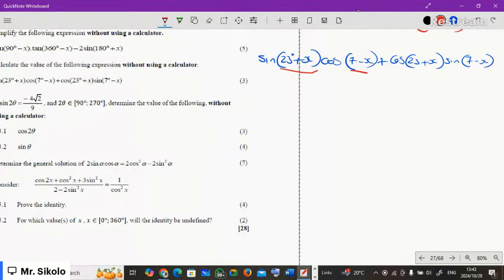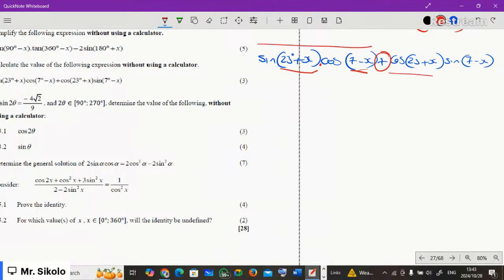Because this is a product, it is multiplication. Remember, in multiplication we are merging terms together. So we have our first term.